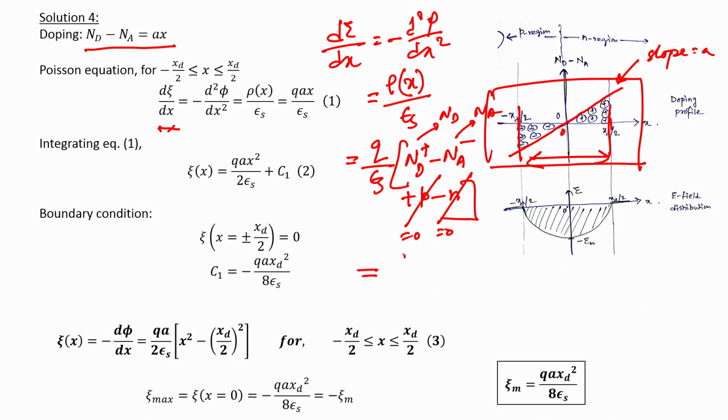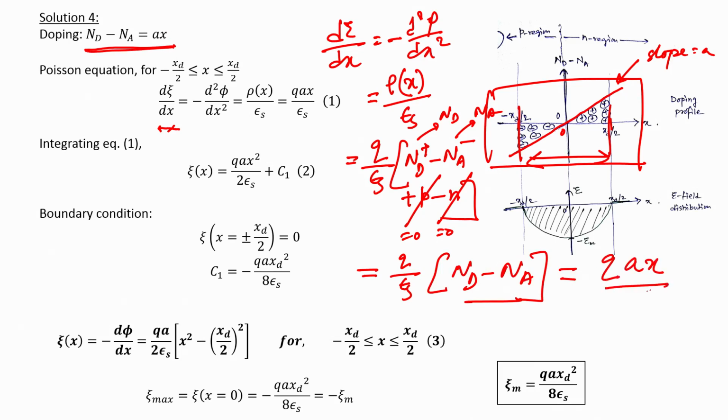So this can be further reduced to q by epsilon s times (Nd minus Na). Now this is given by the doping profile Nd minus Na equal to Ax. So we can write it as qAx by epsilon s. So this is the Poisson's equation given here.